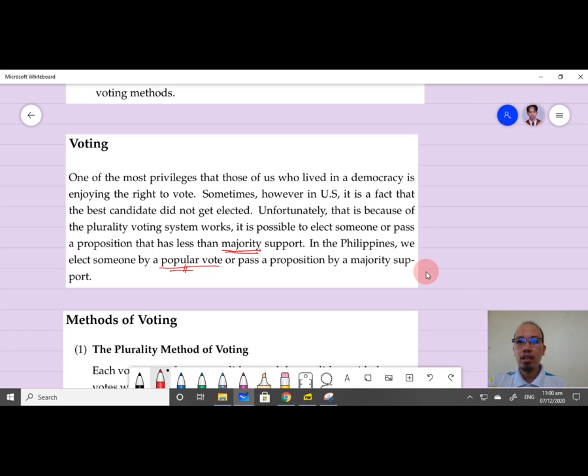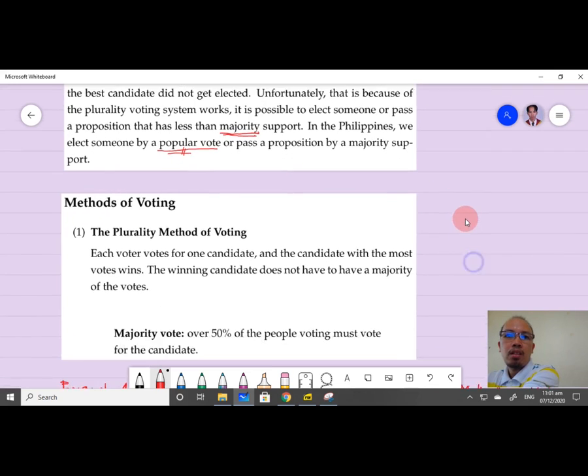Then the one who will win the said proposition, maybe you will use the majority vote or the popular vote. There is a difference between majority vote and popular vote, but anyway, let's discuss that later.